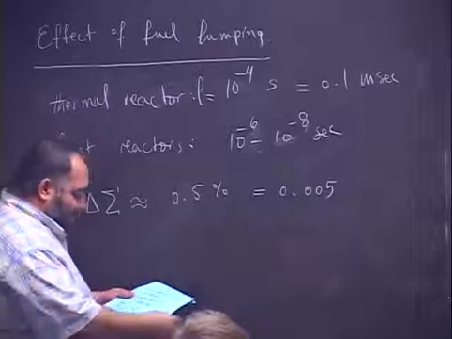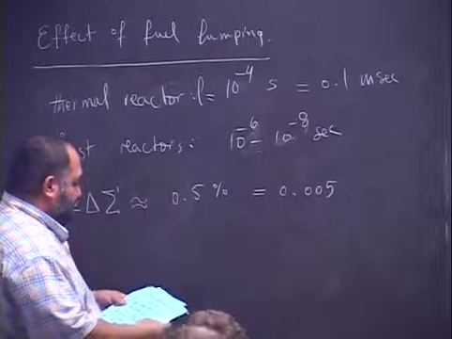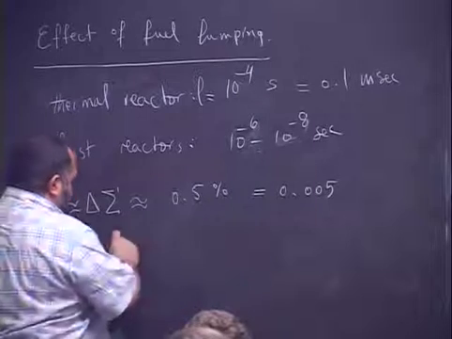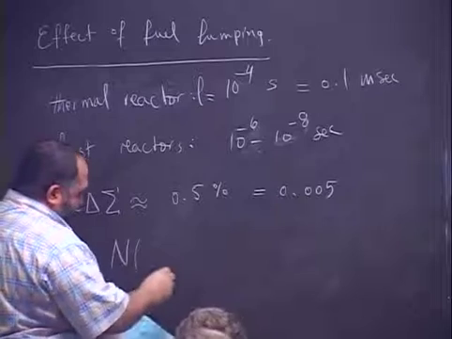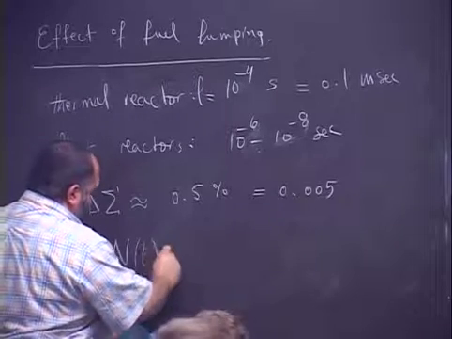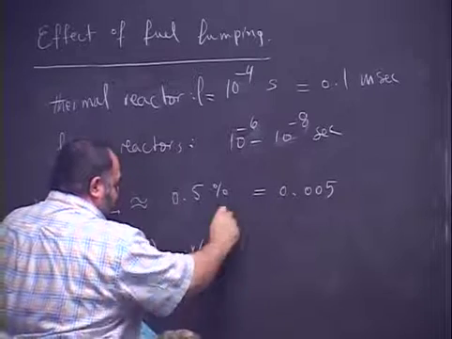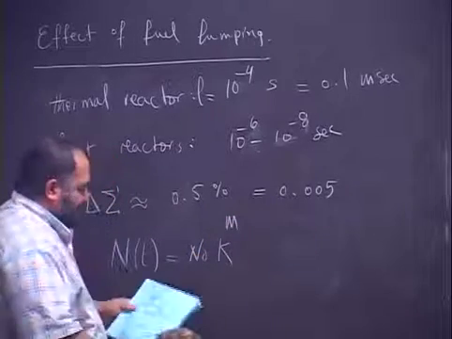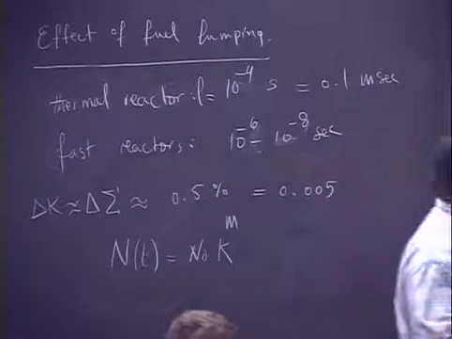So what will happen as a result of this delta K change? Let's assume that N as a function of time is equal to N naught multiplied by K to the power of M, and this is the formula here.